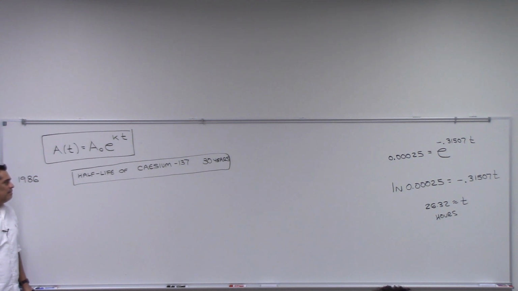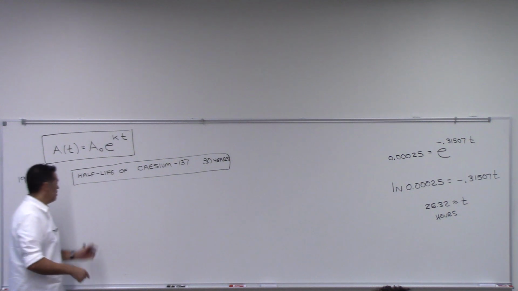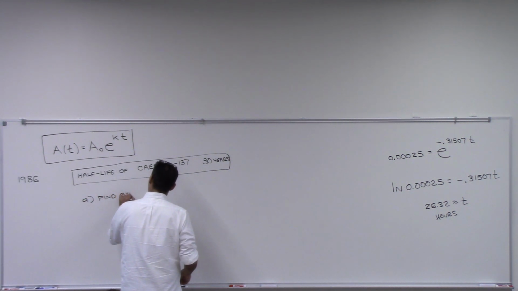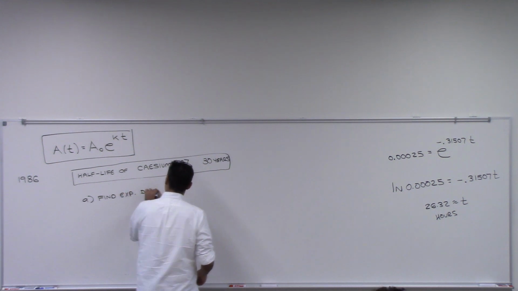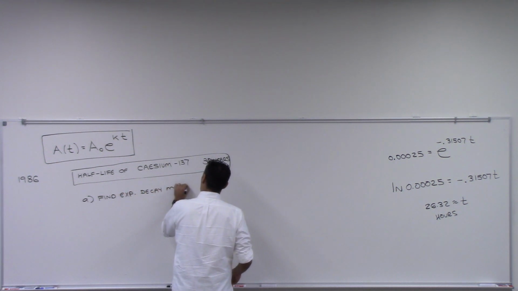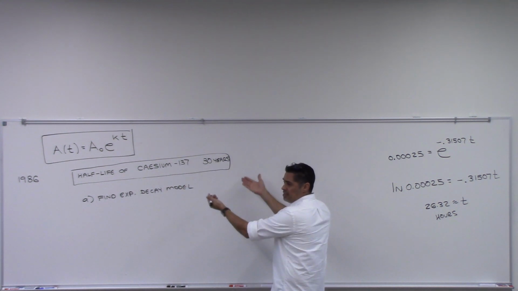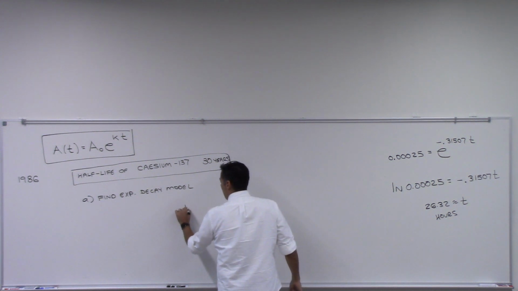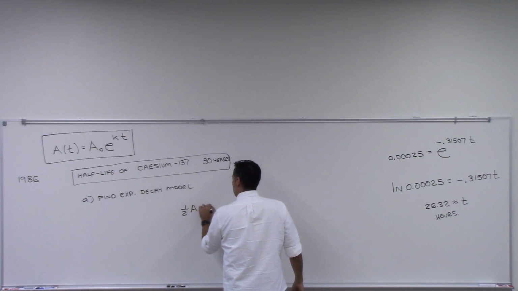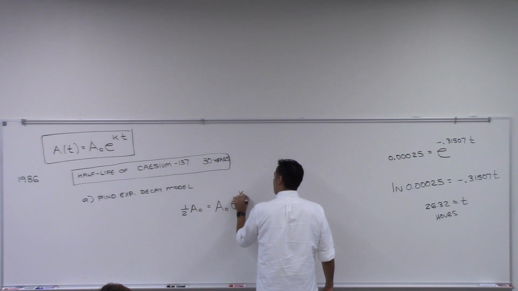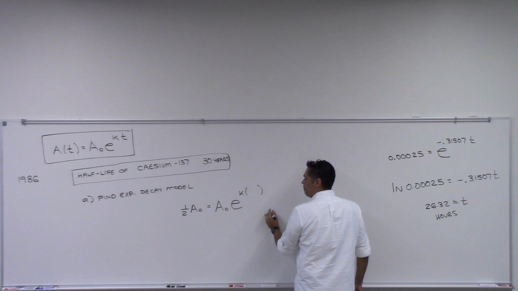So a couple of questions. First of all, what's the exponential decay model for this? Let's find that first. I'm going to move a little faster than I did last time. I'm going to use the half-life idea. I know that half of the original amount is equal to the original amount times e to the k times what?